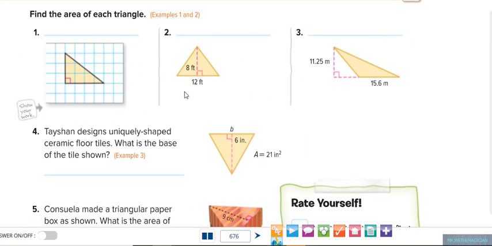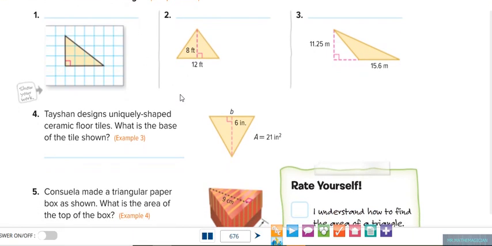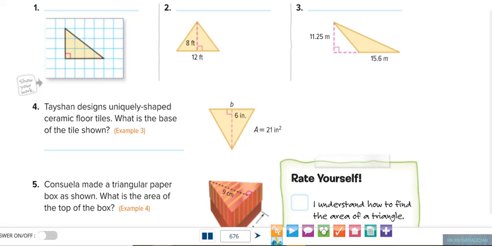Solving the guided practice. Find the area of each triangle. Problem number 1. Let's count how many units are there in the base. Here is 1, 2, 3, and 4. The height 1, 2, 3. So simply apply the rule.